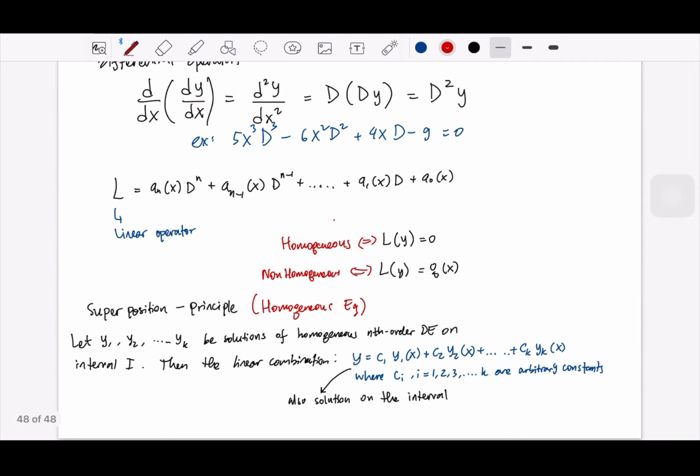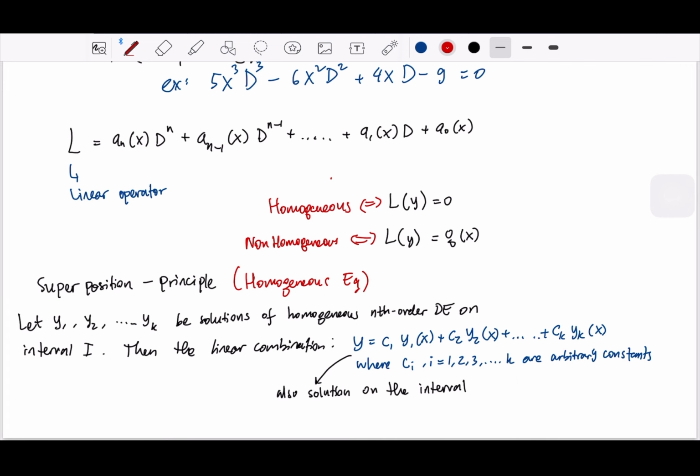And lastly, we discussed the superposition principle. In summary, what superposition means is, when we have y1, y2, y3 as our solutions, then the superposition of all these y's is supposed to be a solution too.